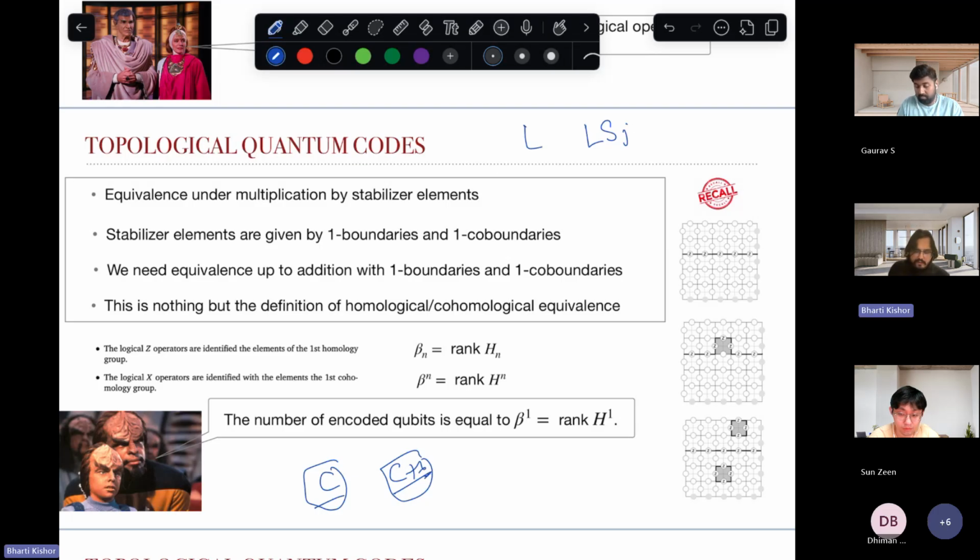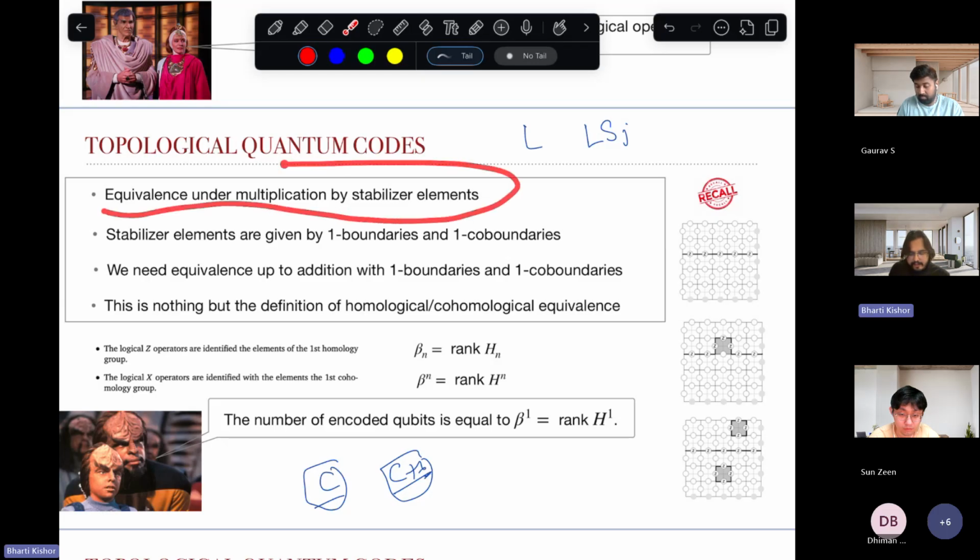So we have equivalence under multiplication by stabilizer elements, and stabilizer elements are given by one-boundaries and one-coboundaries. So we need equivalence up to addition with one-boundaries and one-coboundaries. That's the equivalence we need to categorize our logical operators.